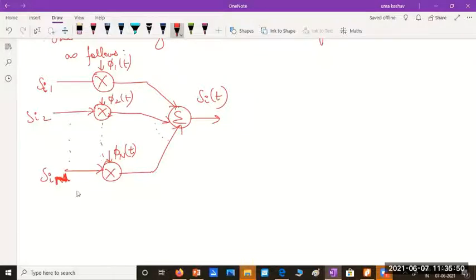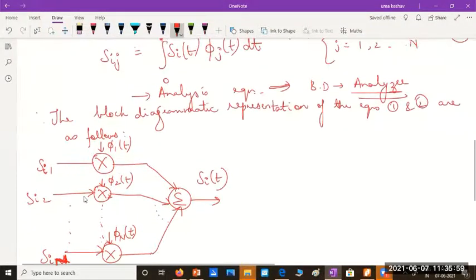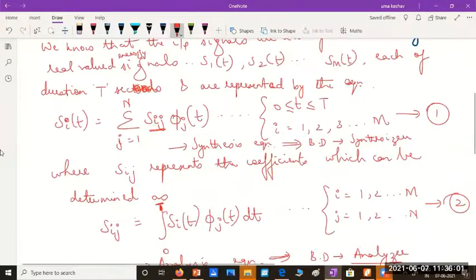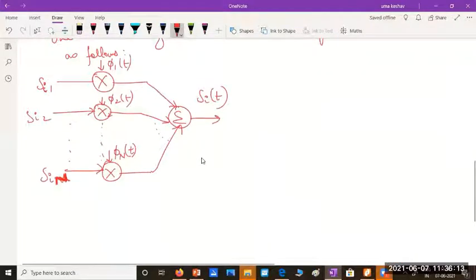All these are finite energy coefficients or finite energy signals. So they combine to represent Si of t, and this is given by the first equation which we have written. Si of t is the summation of Sij into phi j, where j is varying from 1 to n. So we are multiplying each of these S values with phi 1, phi 2, phi n, and adding up to generate this. So this is the synthesizer.